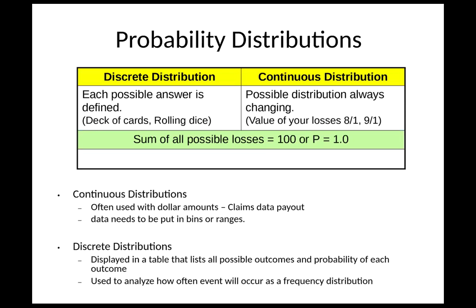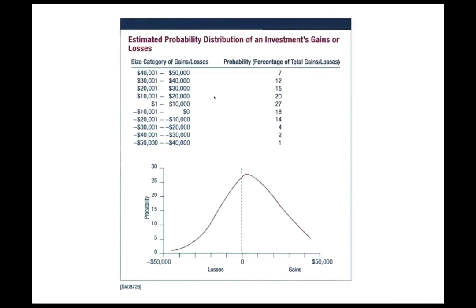Discrete distributions are usually displayed in a table that lists all possible outcomes and the probability of each outcome. It's used to analyze how often an event will occur as a frequency distribution. So we'll see some of the examples here. In this case, it's an estimated probability distribution of an investment's gains or losses.